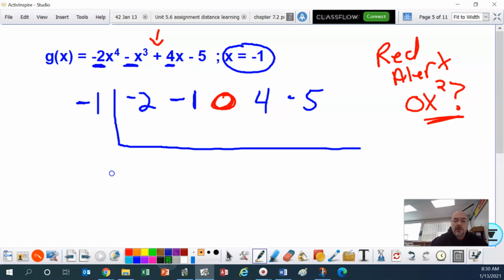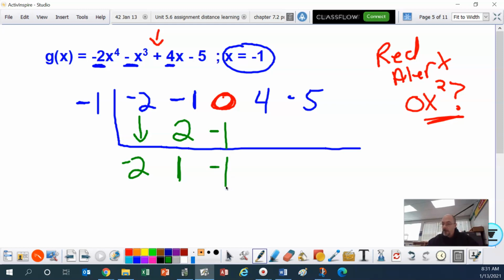All right, remember how this works? We're going to bring down the -2. Now we're going to multiply. -1 times -2 is going to be +2. Now I'm going to add. -1 and 2 is 1. Now I'm going to multiply. -1 and 1 is -1. Now I'm going to add. That's -1.